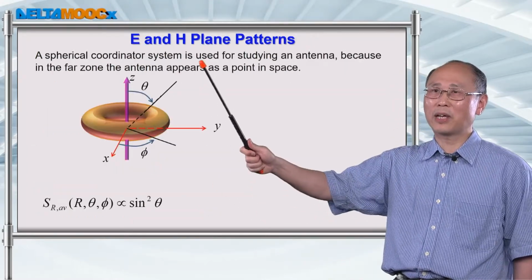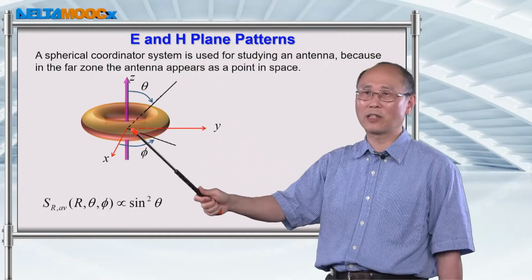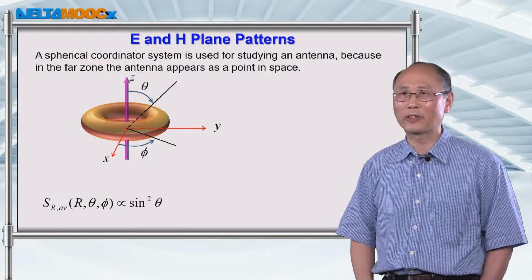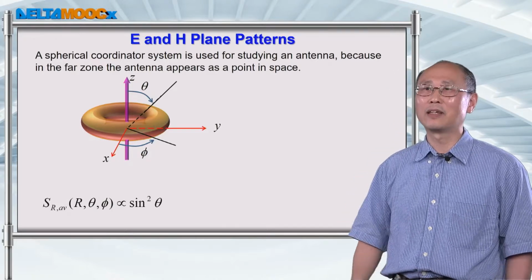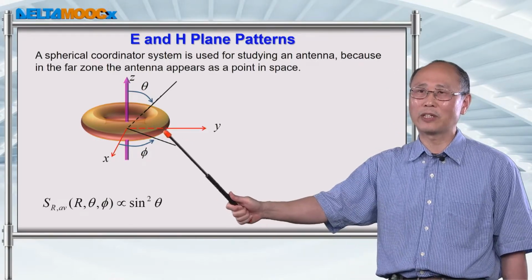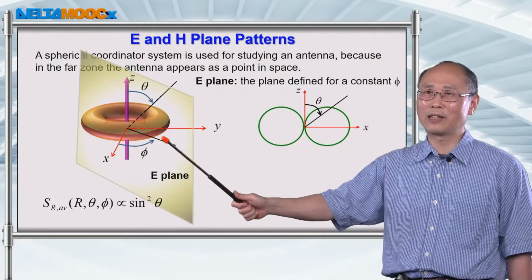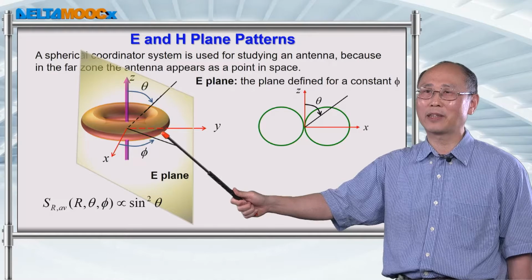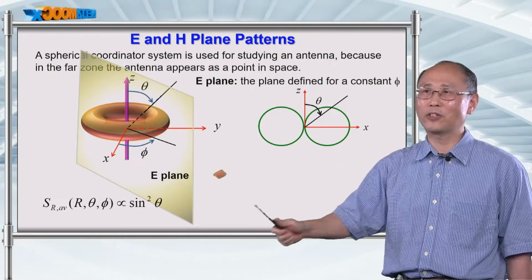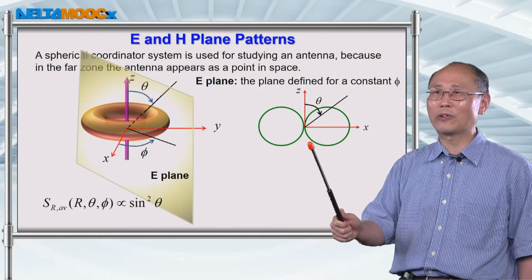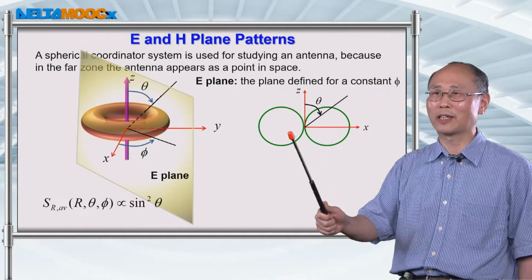And sometimes it's easier to cut this donut into different shapes so that we can analyze the intensity of the radiation. For example, if we cut this donut shape of radiation pattern at a location where the phi angle is a constant, then you end up having two circles like this.